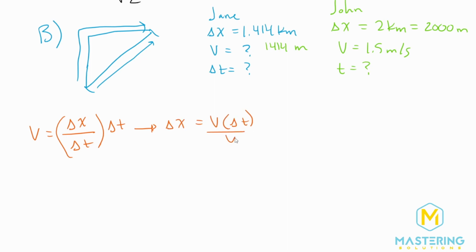Then we isolate that by moving v over. So now we have delta t isolated, equal to the change in distance divided by the velocity, which makes sense because we'll have meters up here divided by meters per second, so the meters will cancel and we'll be left with seconds. So now when we plug this in, we know he went 2,000 meters divided by 1.5 meters per second.